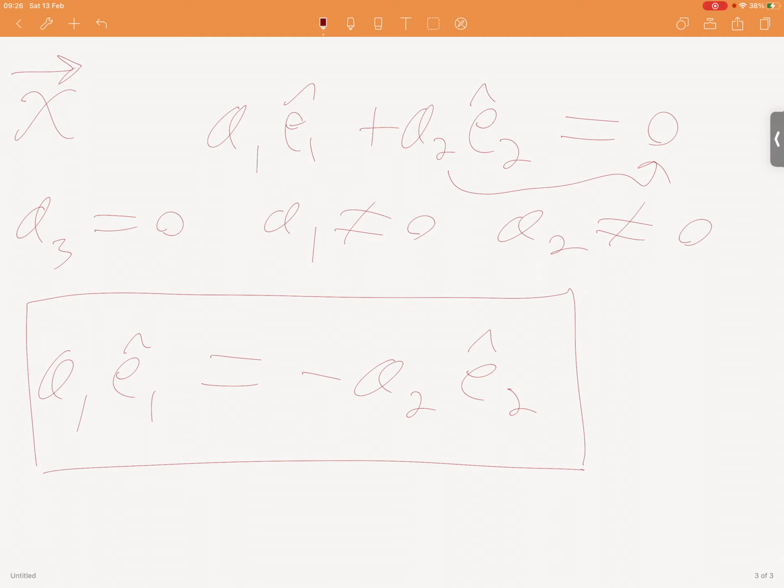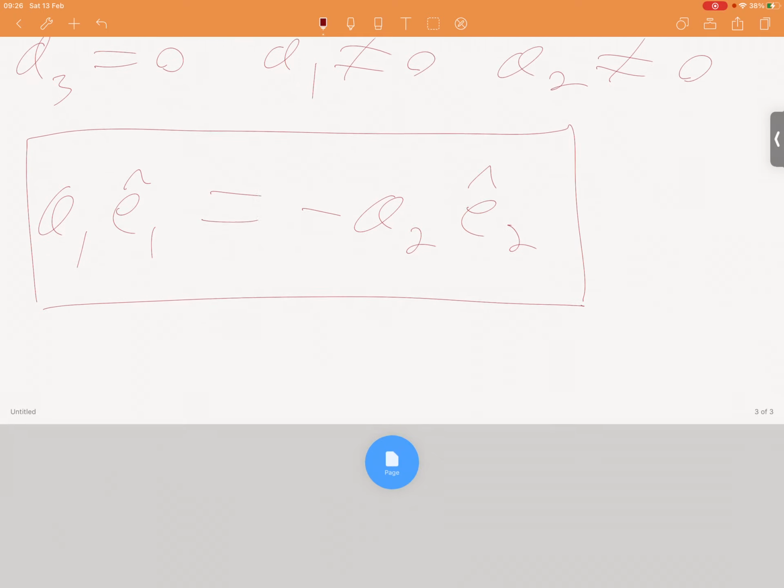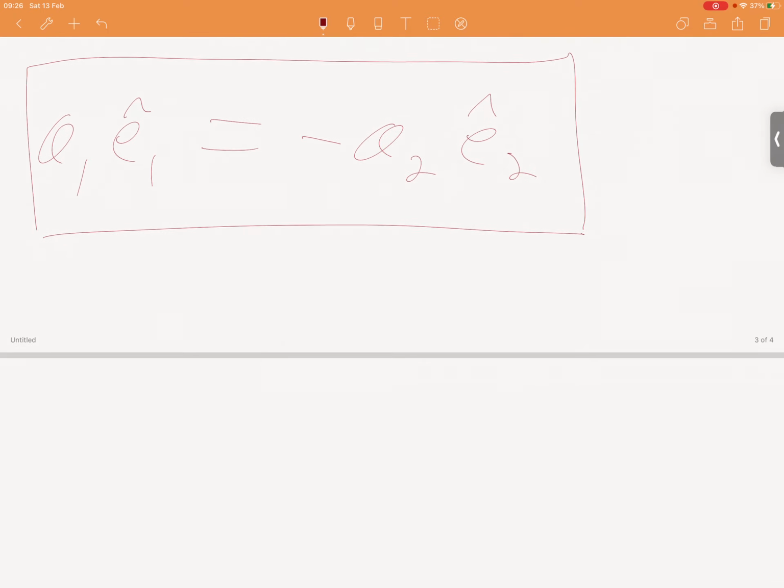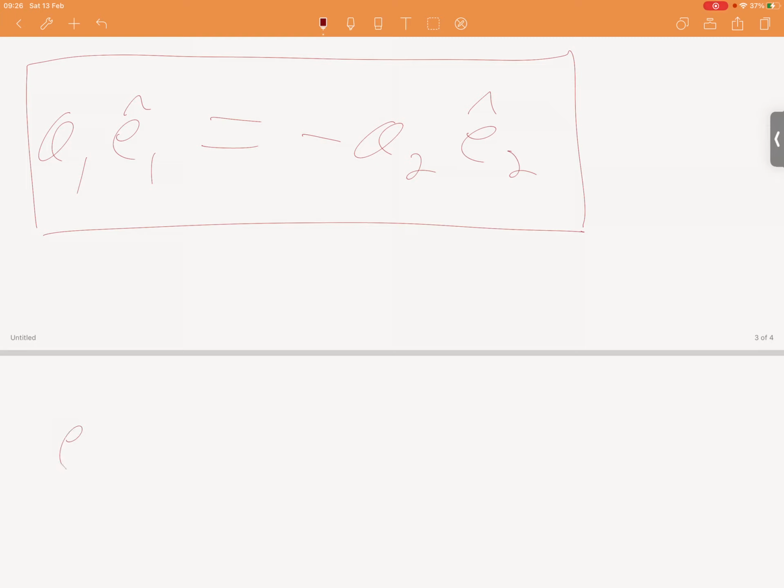Do you know what you're saying? I don't think you know what you're saying. Let me make it more explicit. I'm going to make it so obvious what you're saying. You are saying that we can literally have e1 hat equals minus a2 divided by a1 times e2 hat.